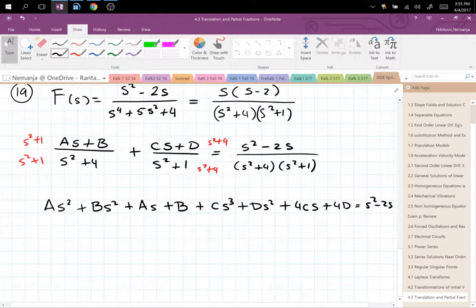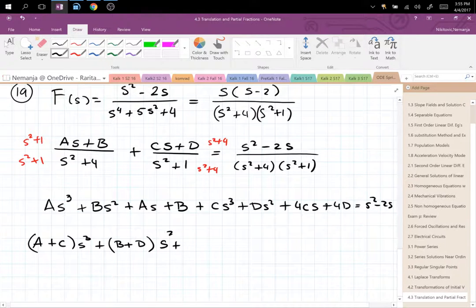So get the cubes. Why did I write square? This is a cube. So a plus c times s cubed plus, so squares, I have b plus d times s squared plus, and the rest are constant terms.